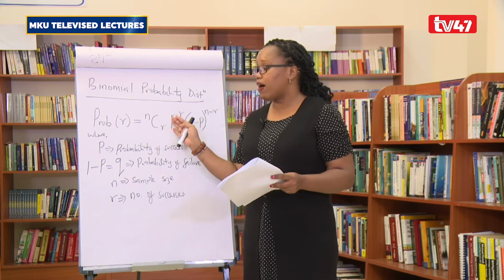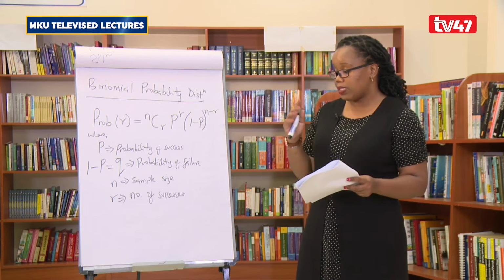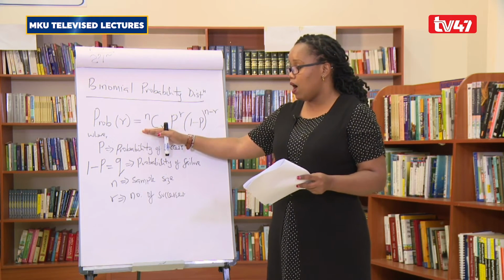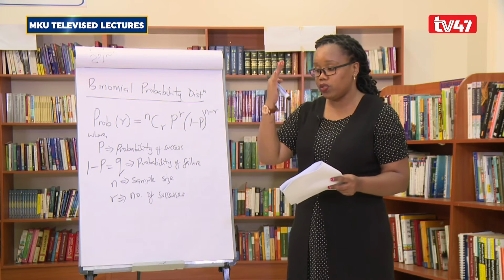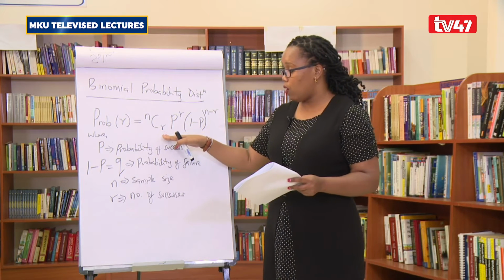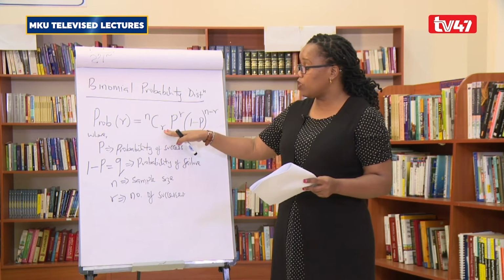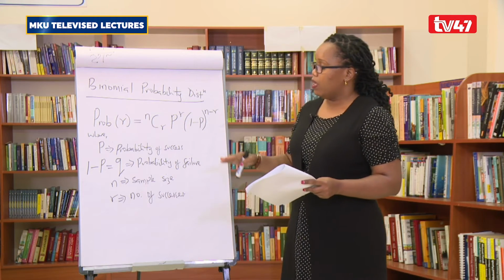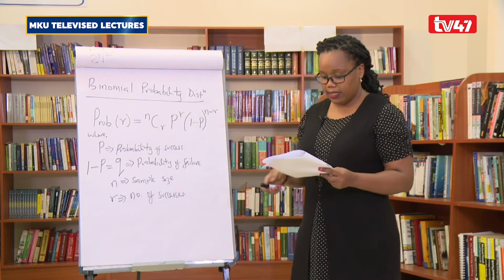This I'm sure you have covered in linear algebra. So the assumption is that we already know how to get combinations, permutations and factorials. So n combination r is part of the formula in getting the binomial probability.